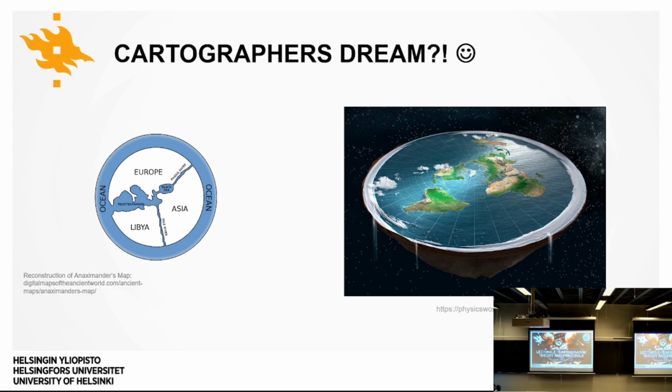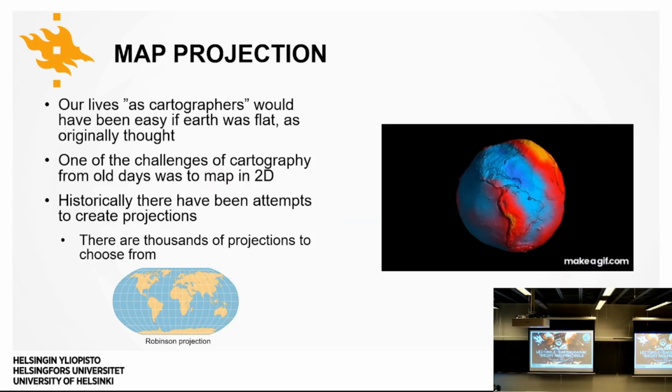And that's a problem because, as we know, the world is 3D and we are actually living on a globe. So very often, well, always when we're producing a map, we have to project the 3D world, the 3D globe, onto a 2D surface so we can visualize it using the devices we have. Our life as cartographers maybe would have been easier if we were living on a flat surface, but that's not the case, so we have to live with it.